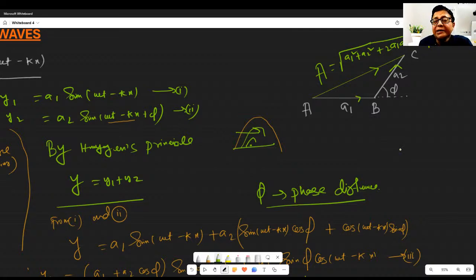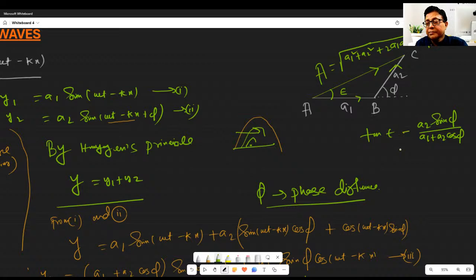And what is the angle here? This makes an angle how much? Epsilon. And tan epsilon, like vector only, that's why you dare to do it, no? Is A2 sin phi divided by A1 plus A2 cos phi.